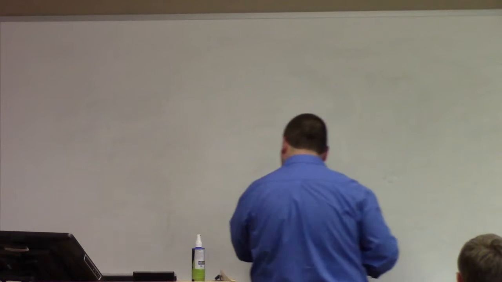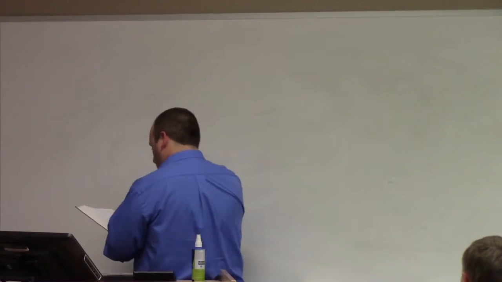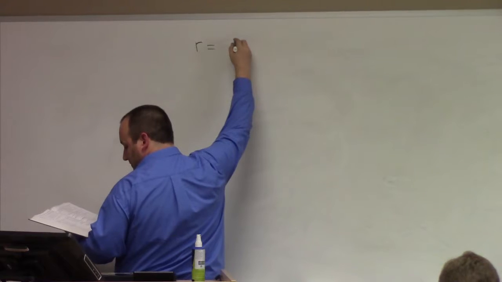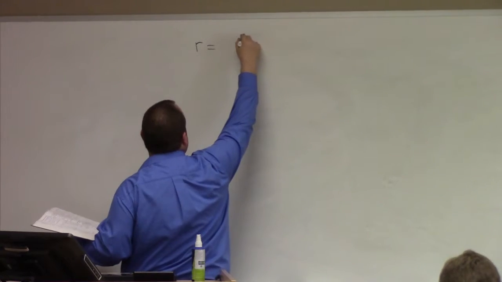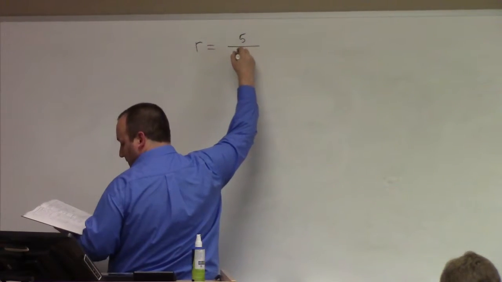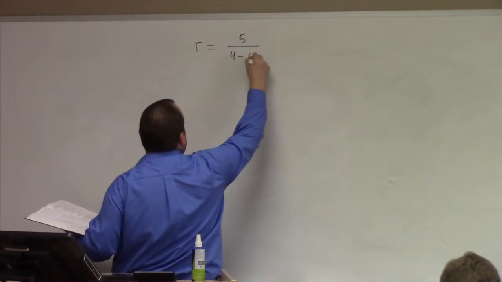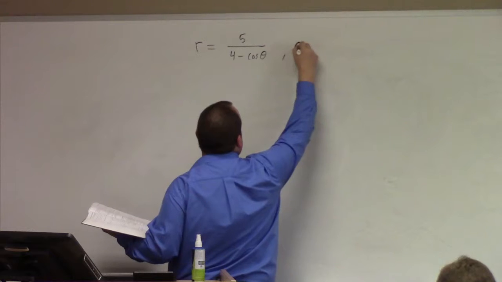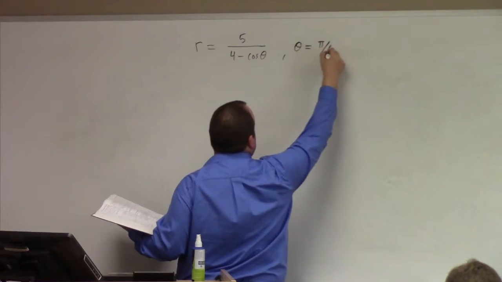All right. Get the problem up here. Number 12. We've got R equals 5 over 4 minus the cosine of theta. And we're interested in when theta is pi over 6, what do we want to do?